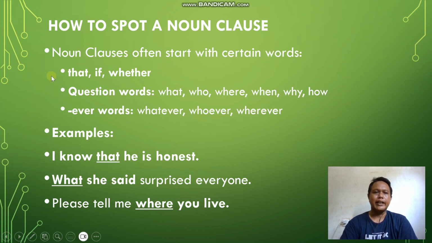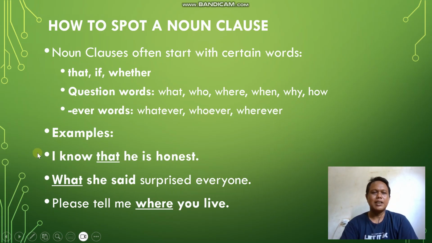First, that, if, whether. Then question words like what, who, where, when, why, and how. Or we can use words like whatever, whoever, and wherever.